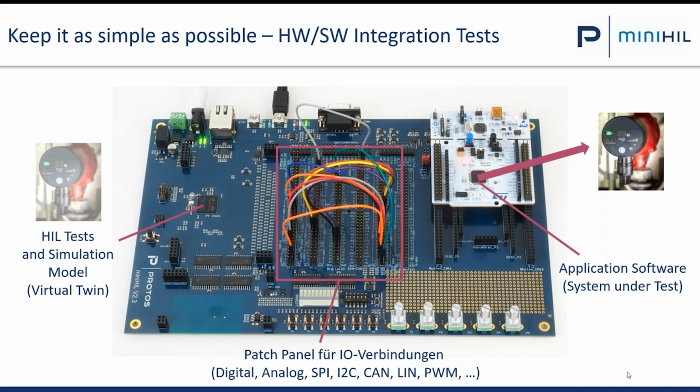And you have all the low-level IOs like digital, analog, SPI, low-level bus systems, PWM, and so on. On this side, you usually run the environment simulation, for example for a motor or a battery. You have a plant simulation running, and all the test cases you need to verify that your system actually works in this integration with the microcontroller. So it's really the right microcontroller with the complete software as it is in your application, in your system.